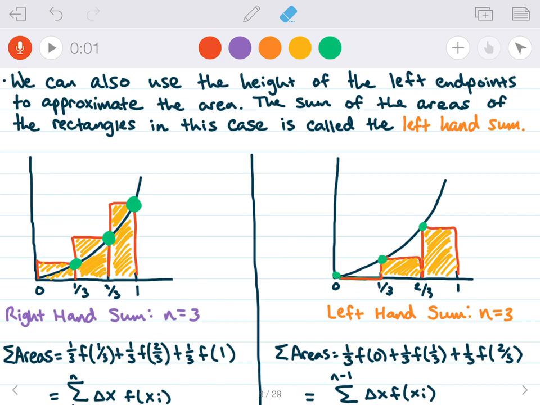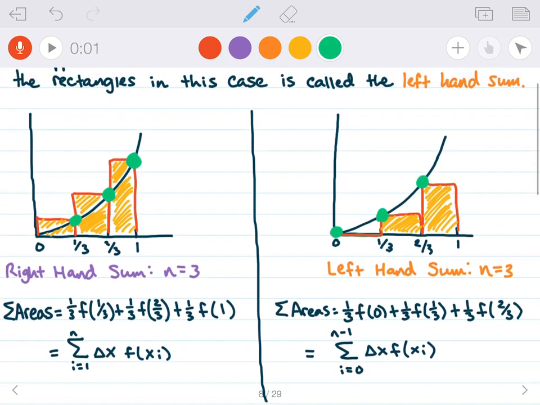So all we're doing is taking the left endpoints instead of the right endpoints as the height. So here the height is just 0, from 0 to 1 over 3. So that rectangle technically doesn't have any height. And then the height of the second rectangle is f of 1 over 3, and the third rectangle has a height of f of 2 over 3 instead of f of 1.